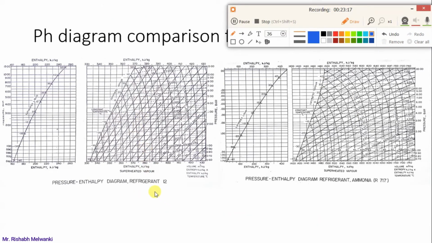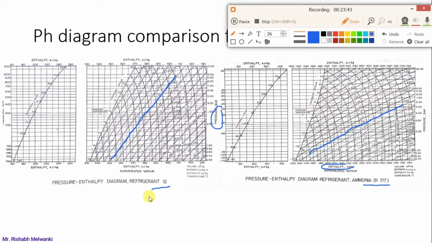You observe this is R12 and this is ammonia. Now, for R12, see the slope of the isentropic curve. This is the isentropic curve. Whereas if you consider ammonia, just observe the slope of the isentropic curve. This is the slope. We are basically comparing two pH charts, pressure versus specific enthalpy charts.